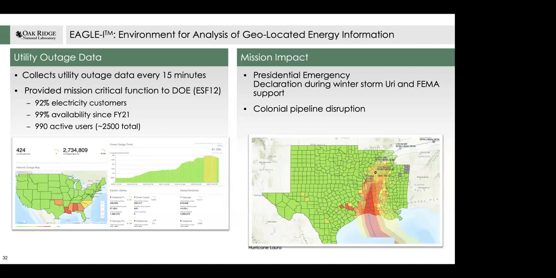Okay. So we have active users from DOE and other federal agencies. I found out the hard way, all the places it runs, that includes the White House Situation Room. Okay. I was sitting in my house. I suddenly get a text from my deputy lab director, our COO, saying, what's going on with Eagle Eye? Because I just got pinged by the White House. The president was giving the State of the Union address.